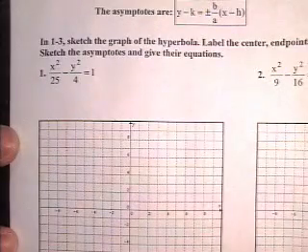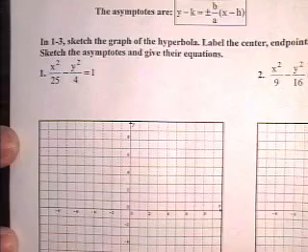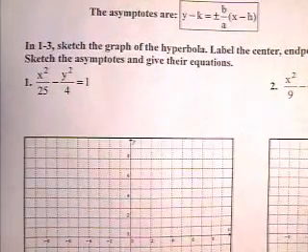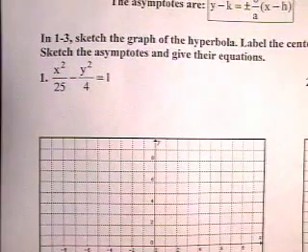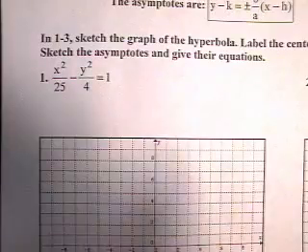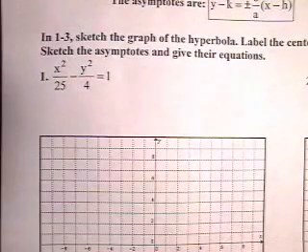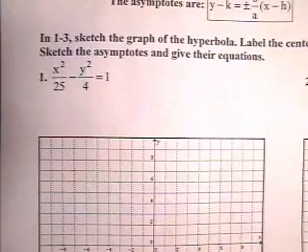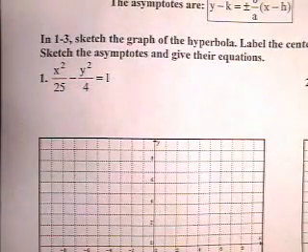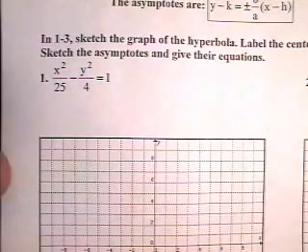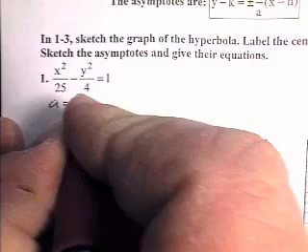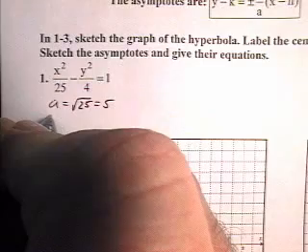Okay, so how would I handle sketching the graph of this hyperbola? I've got x squared over 25 minus y squared over 4. What I would want to do is find A. A is the square root of 25, or 5.